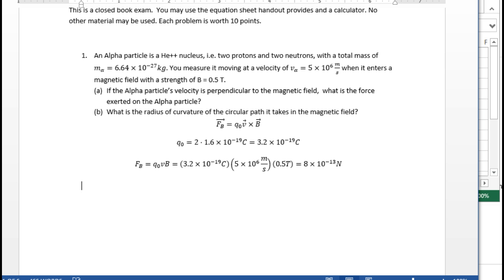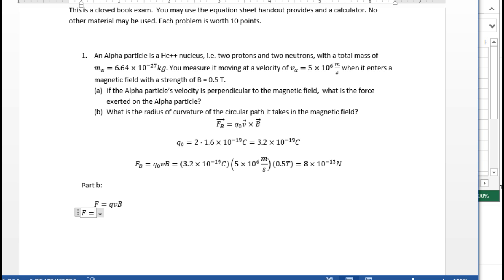That's part A. Part B, what is the radius of curvature of a circular path it takes in the magnetic field? So we have on one side force equals QVB. That's the force from the magnetic field. And now it's going in a circular motion.